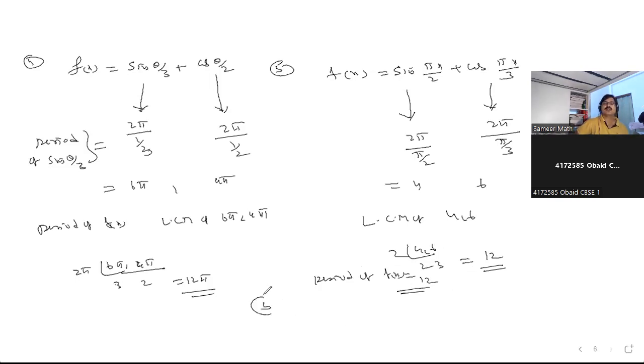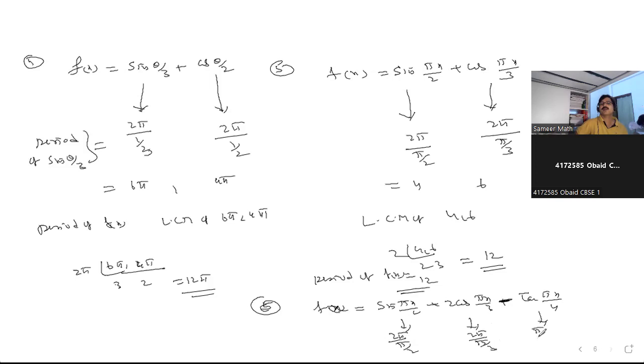Suppose I gave you another one, where I would like to take more functions. f of x, assume like this: sine pi x by 2, another one is 2 cos pi x by 3, another one is minus tan pi x by 4. What is the period of this one? 2 pi by 2. What is the period of this? 2 pi by 3.